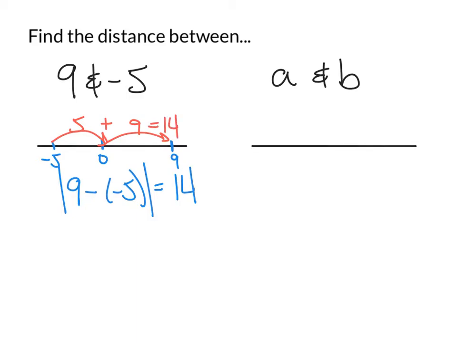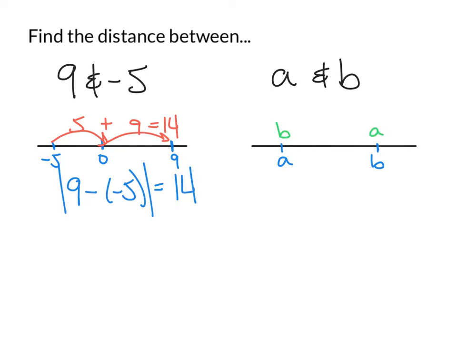Now, you might be thinking that this is all kind of silly, that if I have two numbers, I would just take the big one and subtract the little one. But what if those two numbers, A and B, are variables, representing numbers that we don't know? Since we don't know them, I don't know if A is here and B is here, or maybe B comes first and A is larger.